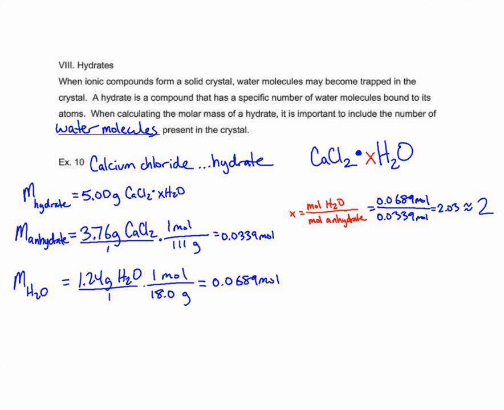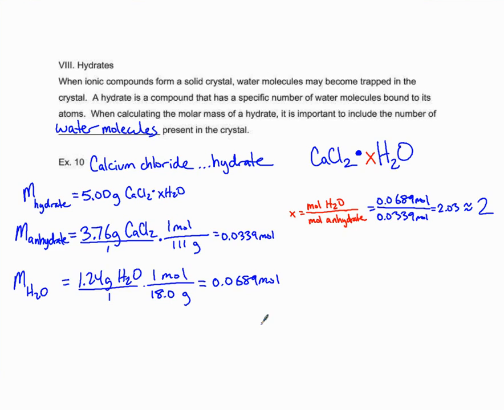And I don't have a problem with rounding something like 2.03 to 2. It's very close. And also keep in mind that we are measuring these things ourselves, and so there's going to be a little bit of error. And so within a certain amount, this error is fine.